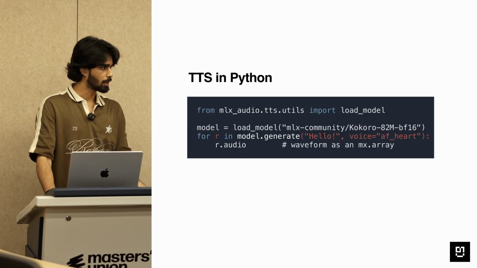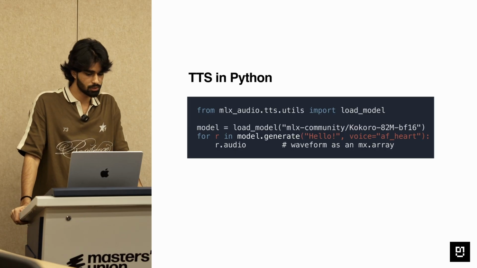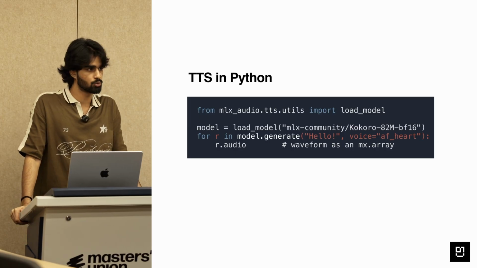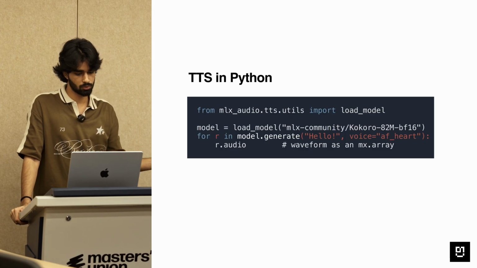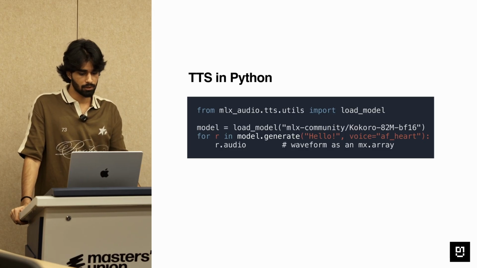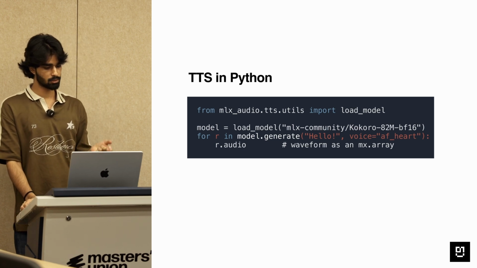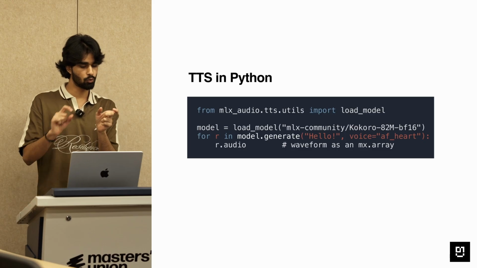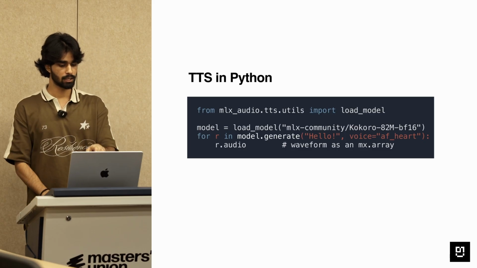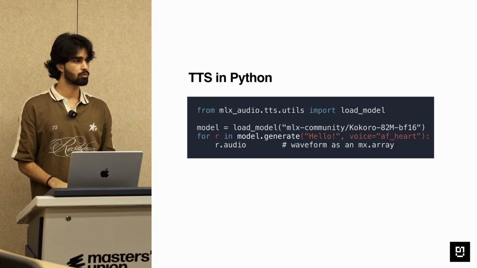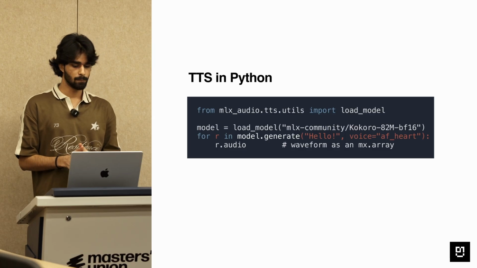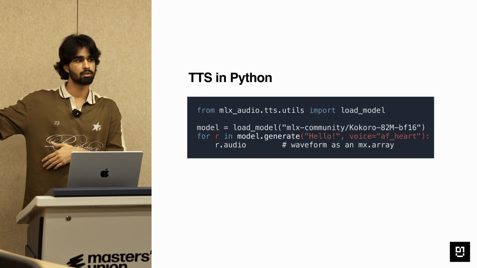Now this is a Python package basically, so you can write Python code with it, which you are mostly familiar with. You can just import mlx_audio.tts.utils, and from that, it's so simple: model equals load model, whatever model you want, and you have to get the model from the MLX community. So this is not some random model just sitting out there.